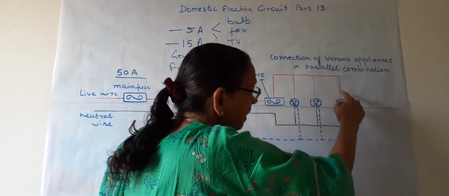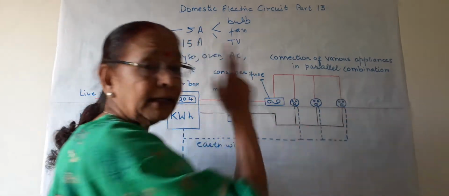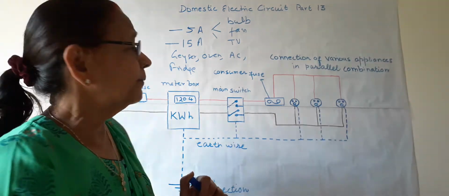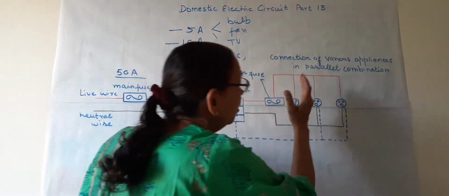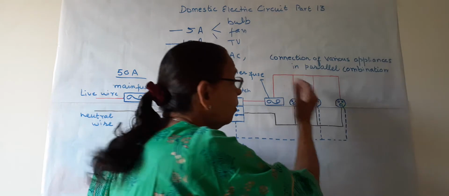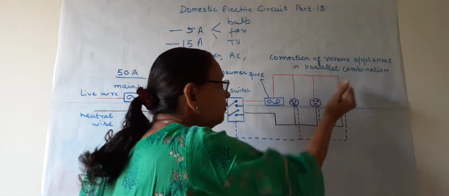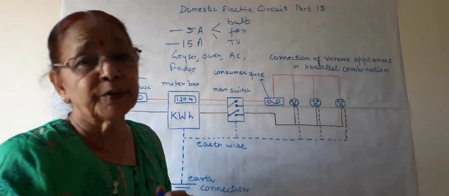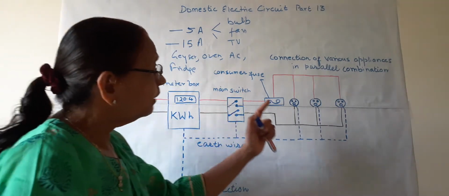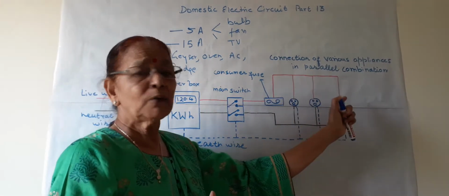In the third, a separate live is there and a separate neutral is there. In this way, all the appliances, all the rooms, have different paths for live wire as well as for neutral wire. So this is the advantage. You can see these are in parallel combination.